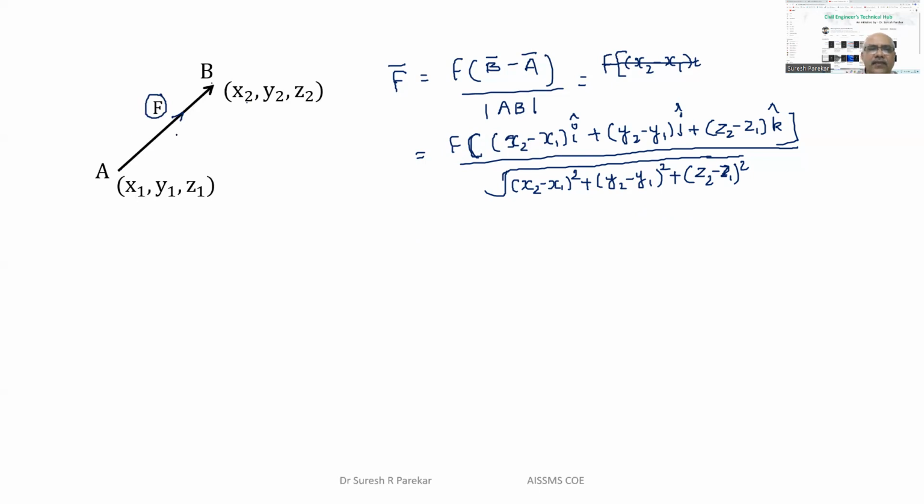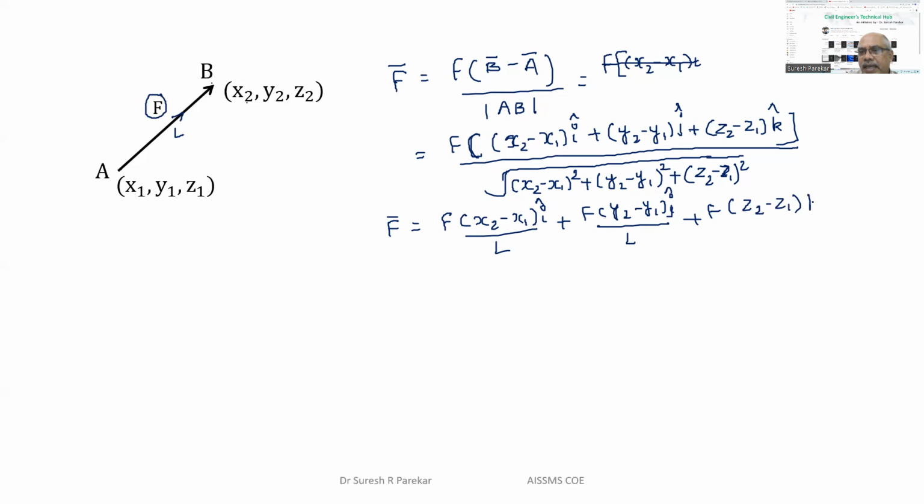So this x2, if I consider this as L, then we can write this value as L, and we can have f bar equal to f in bracket (x2 minus x1) i upon L plus f into (y2 minus y1) j upon L plus f in bracket (z2 minus z1) k upon L. And this I can write as f bar is equal to fx i plus fy j plus fz k.